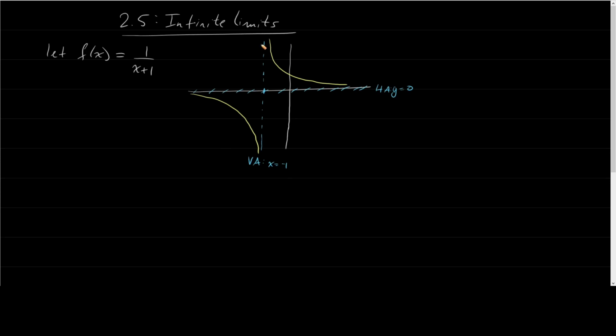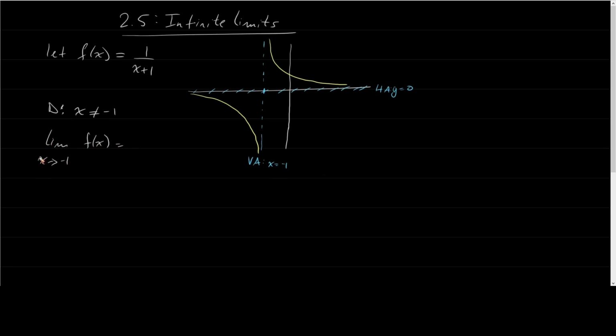The question here is, we know that the domain is that x can't be equal to -1. That's the domain right off the bat. But the question is, what's happening at -1? So we want to see, what is the limit as x goes to -1 of f of x?